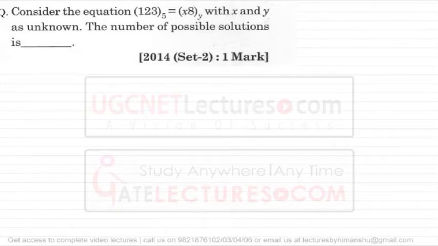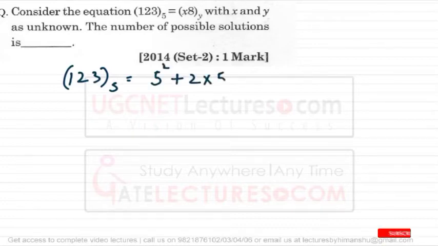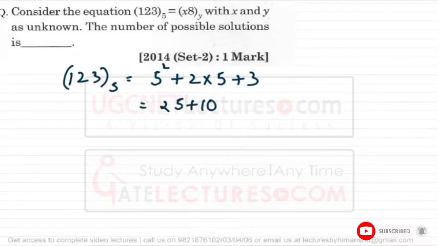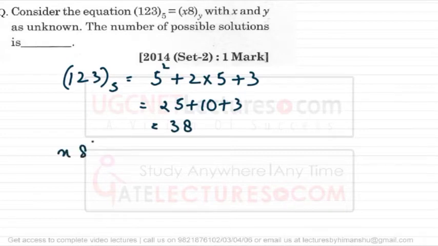Just convert both these numbers into decimal. 123 with base 5 in decimal would be 5 square plus 2 into 5 plus 3, which is 38. Convert the RHS also into decimal. You get xy plus 8.